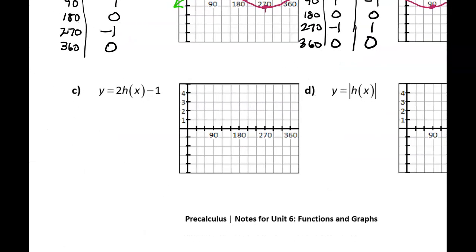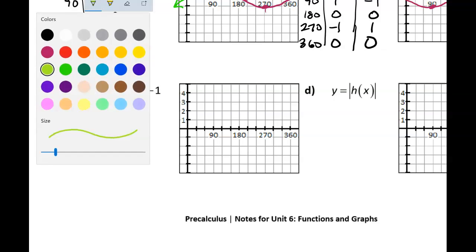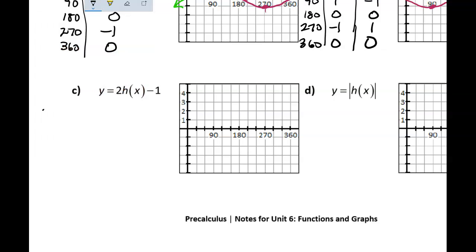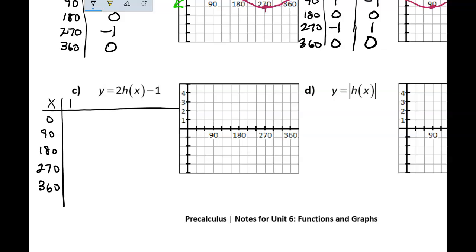All right, let's check out this next one. y equals 2h of x minus 1. Same reference points. And then for the last column, we're just going to take 2 times each h of x and subtract 1.